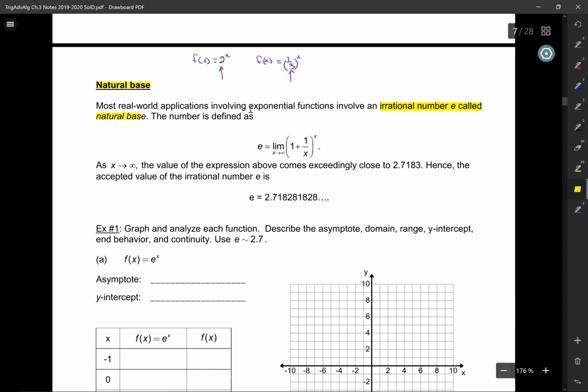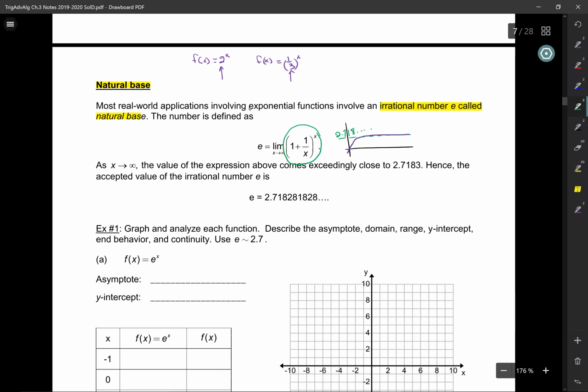Where does it come from? A little bit of background for you. If you graph the function 1 plus 1 over x, to the power of x, it turns out the graph starts to increase and then it plateaus at a certain place. The y value where it plateaus is 2.718 and so on.